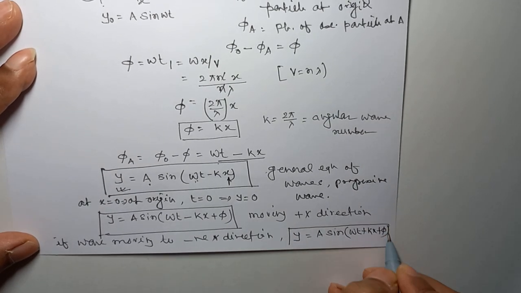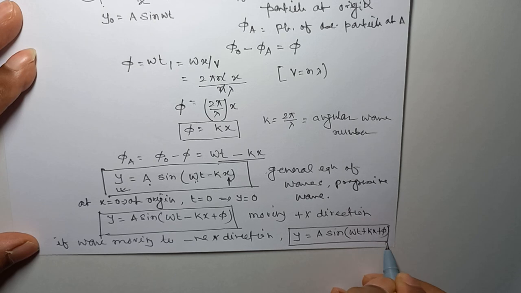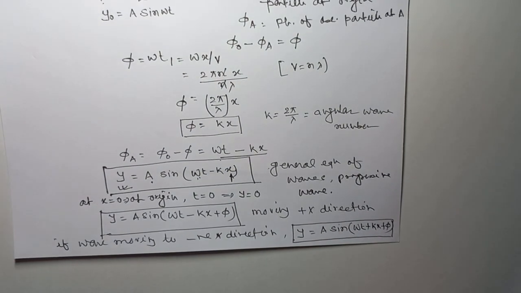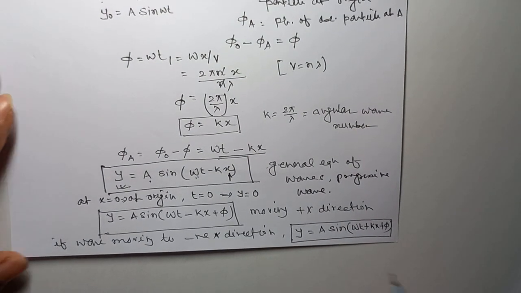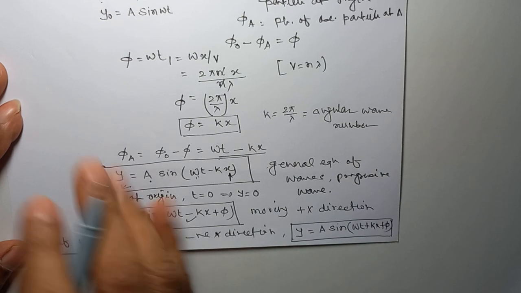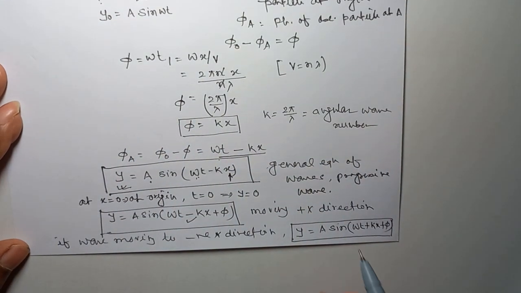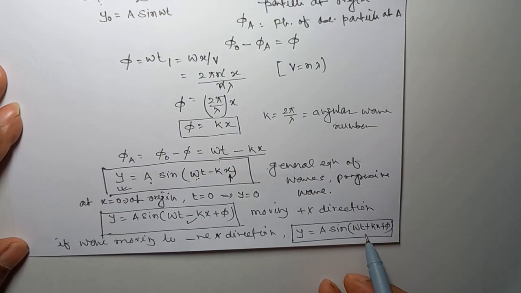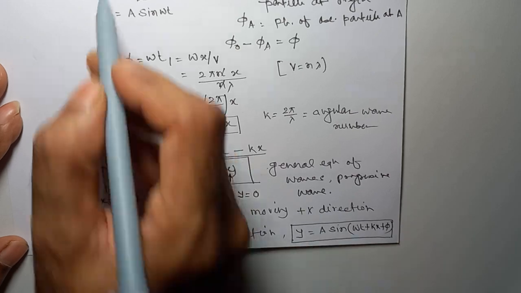So just remember, for the mathematical expression and its meaning, if we take the negative sign, it is going in the positive x direction. If you take the positive sign, that means this wave is moving to the negative side.